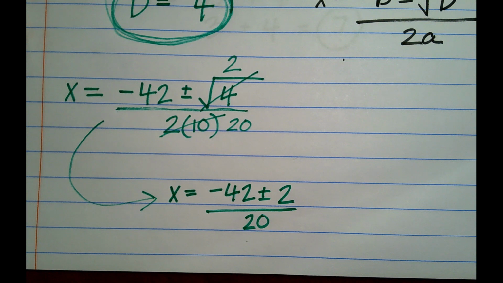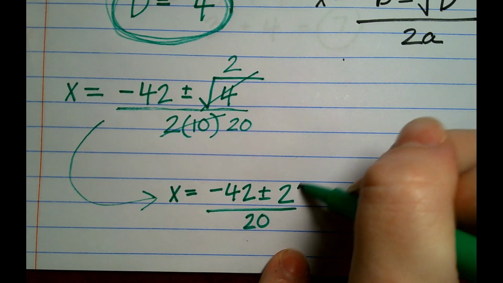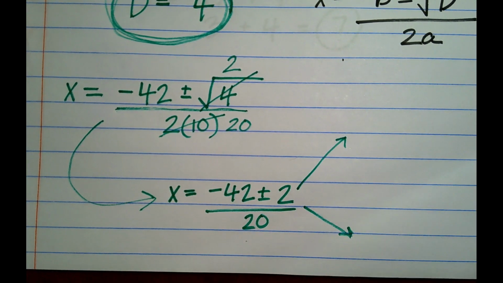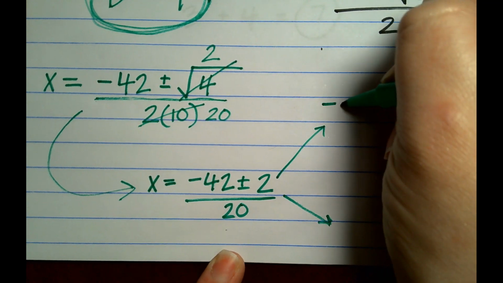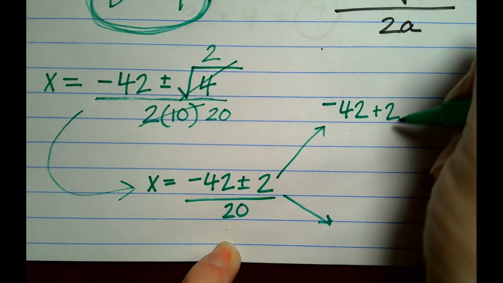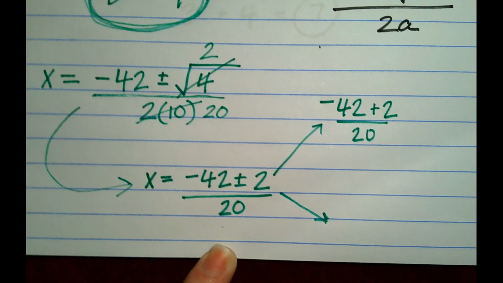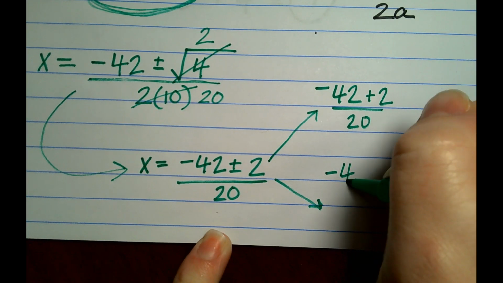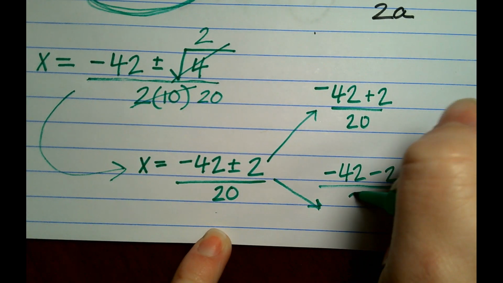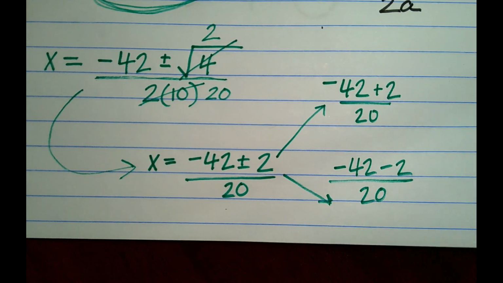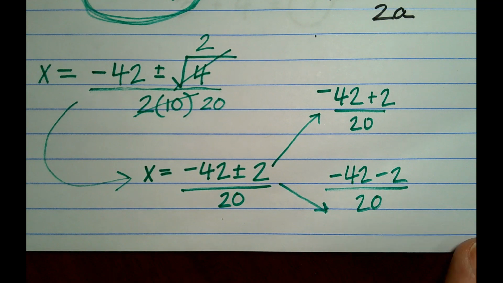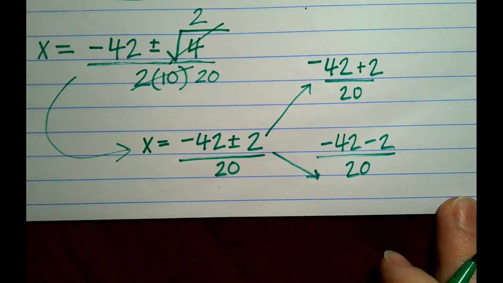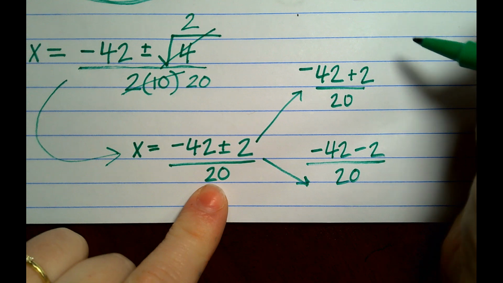And then we can separate into our equations, or 2 separate ones, the plus and the minus. And again, some of this you may end up doing in your head, but if not, let's just write everything. We got negative 42 plus 2 over 20. Negative 42 minus 2 over 20. And we're running through this last one kind of quick because I know we're about out of time. What's negative 42 plus 2?